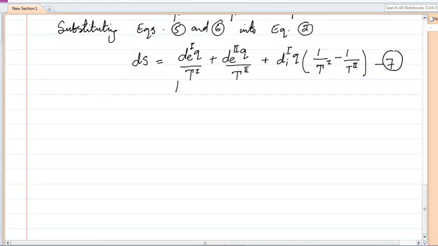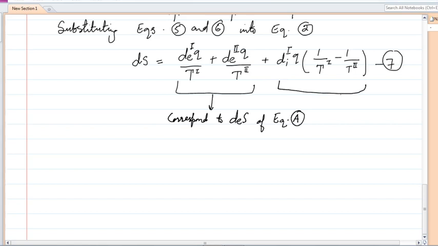Here you will see the first two terms correspond to dES of the equation which we started with, which we have named as equation A. So we can compare this equation with that, and this third term basically gives dIS, which is the entropy production.